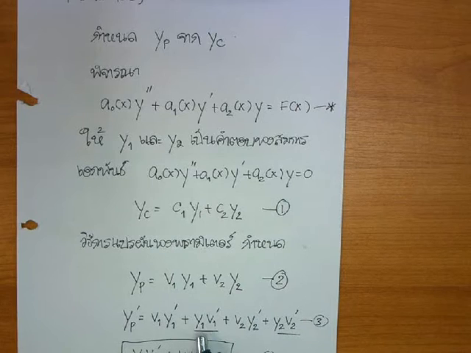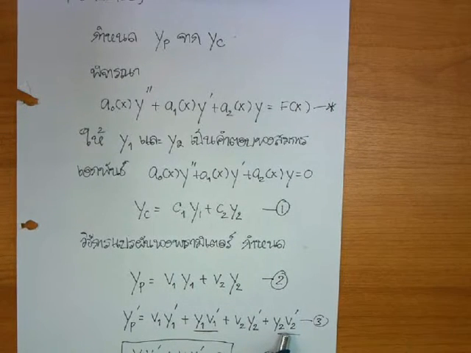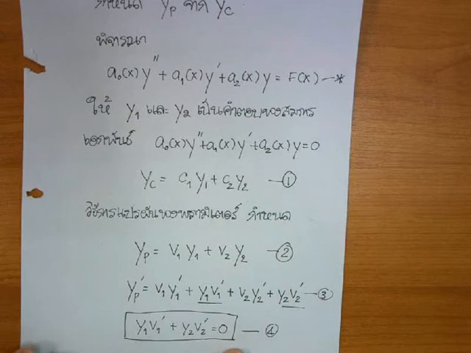This term and this term are the terms that lead us to the second derivative of v1 and v2, so we set these two terms equal to 0. That means y1 times the first derivative of v1 plus y2 times the first derivative of v2 equals 0. That is our assumption in this method.